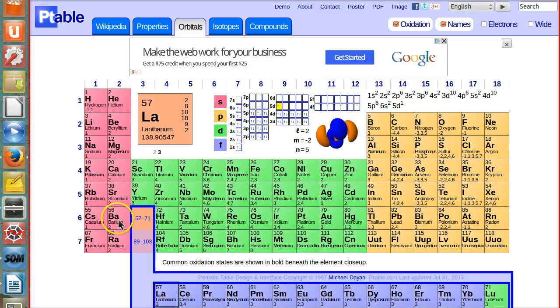So in other words, after you get to number 56, barium, which ends in 6s2, you go to lanthanum, which ends in, let's see here, lanthanum should have one more, and it's 5d1.